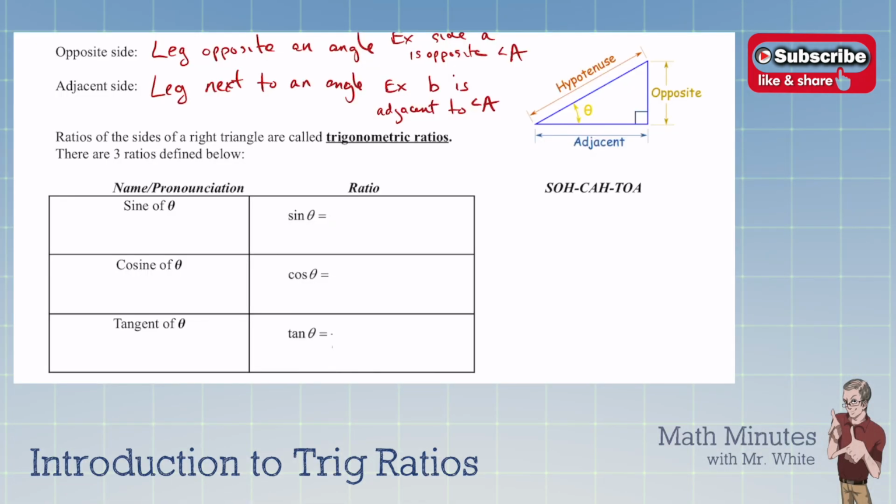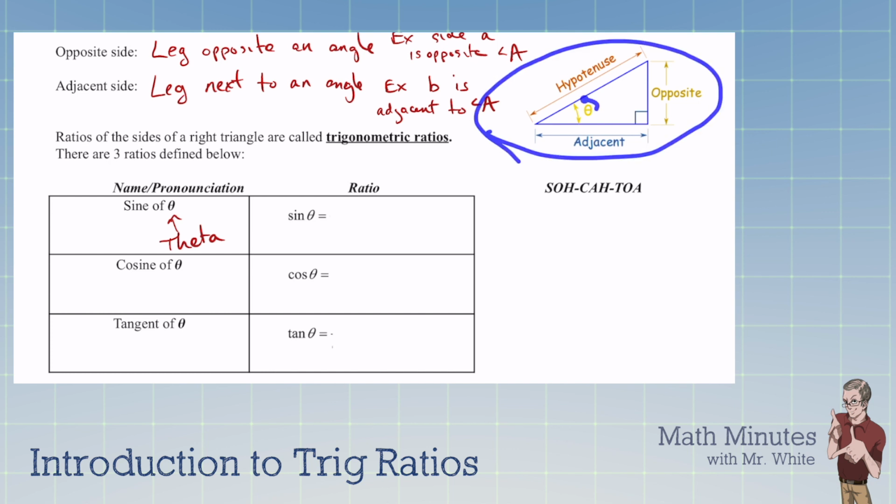So this first one is called sine of, and I put a Greek symbol, it's called theta. So you might want to write this down, theta. That is theta, sine of theta. So the sine of angle theta, and you see a picture over here. You see the theta right here? So theta is down here. So we are going to imagine that we're sitting in angle theta.